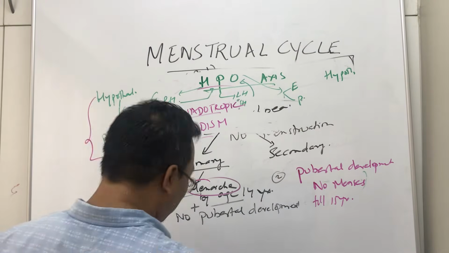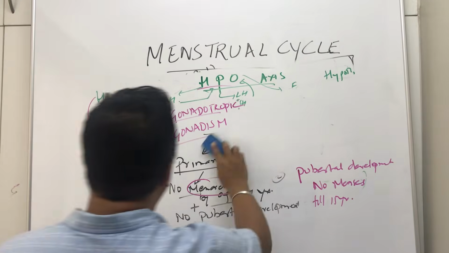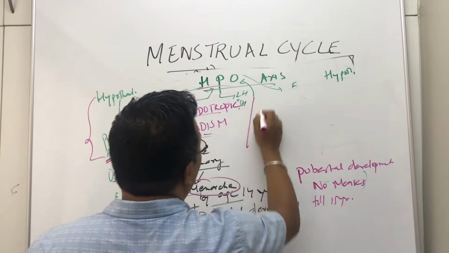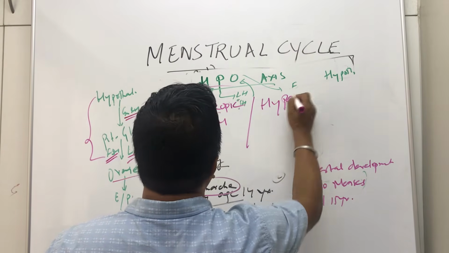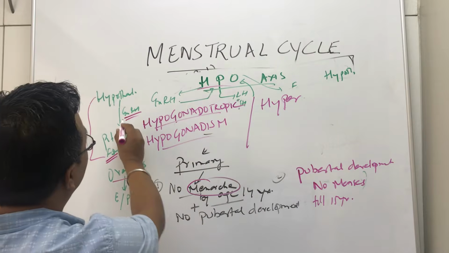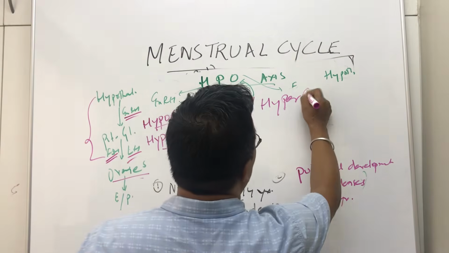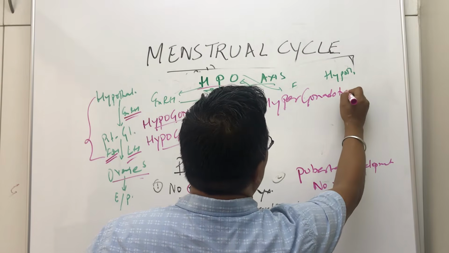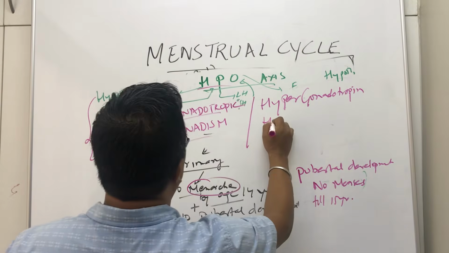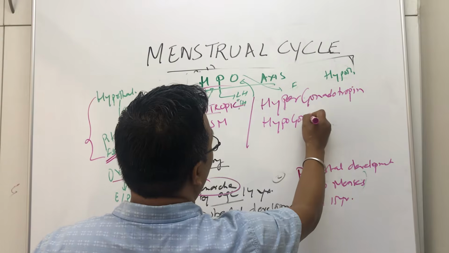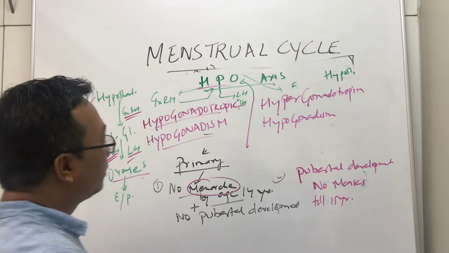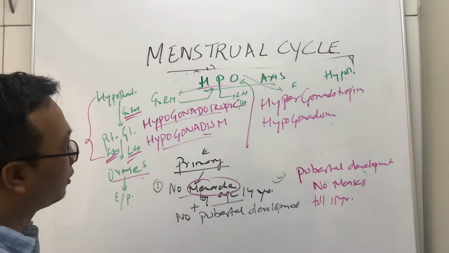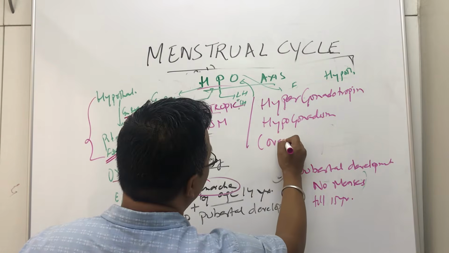In that case, we will say this is hypergonadotropic hypogonadism. So that's the difference, okay? This is because of ovarian insensitivity.